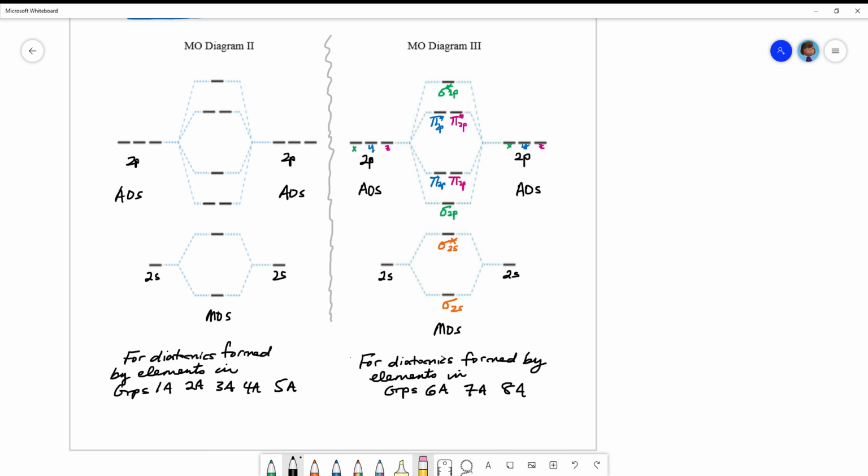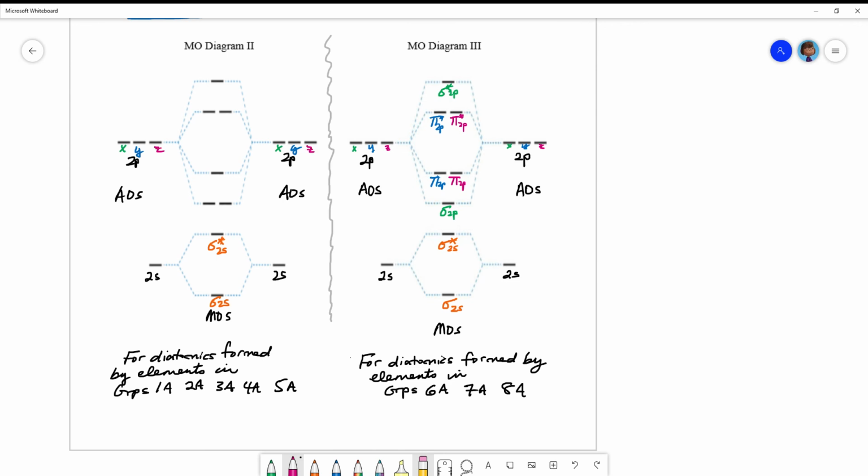Once again, the 2s atomic orbitals combine to give a sigma 2s and a sigma star 2s orbital, a bonding sigma and an antibonding sigma molecular orbital. And once again, we're going to be looking at the 2p's combining as the x's, the y's, and the z's.